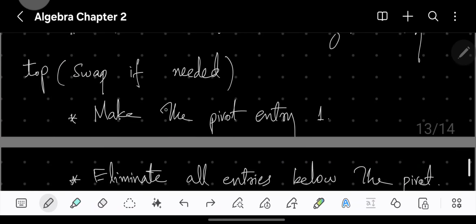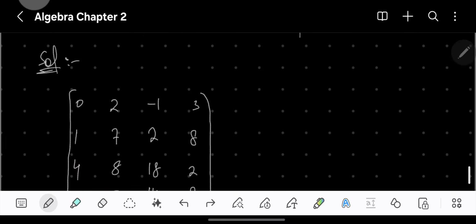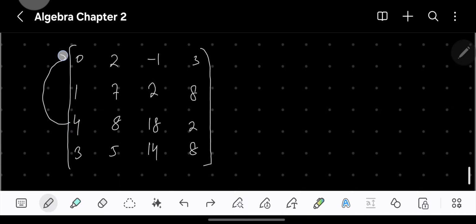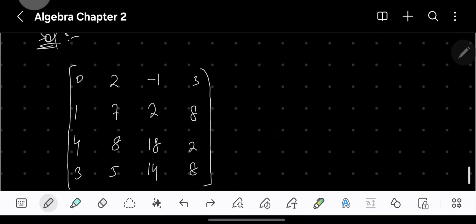The next step is to make the pivot entry 1. So if I move this entry to the top, then I have to make it 1. It's better to move this entry to the top, so the next step will be eliminated automatically. Rather than moving this entry, I will move this one to the top, because otherwise it will be 4.